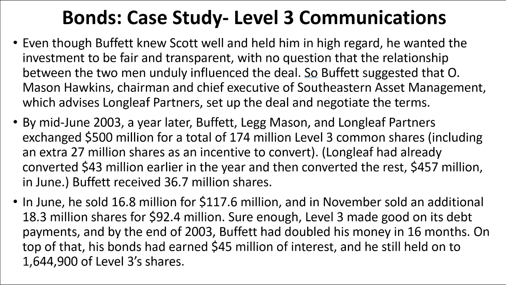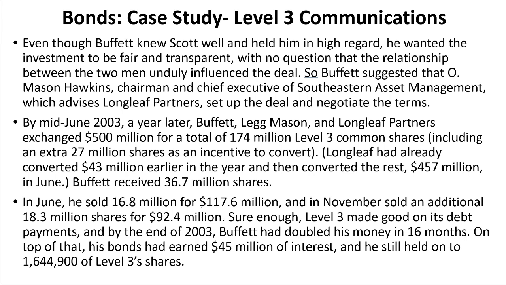Great, it's an excellent deal. Longleaf had already converted 43 million earlier in the year, and then converted the rest, 57 million. Buffett received 36.7 million shares, and in June he sold 16.8 million for 117.8 million, and then in November he sold an additional 18.3 million for 92.4 million.